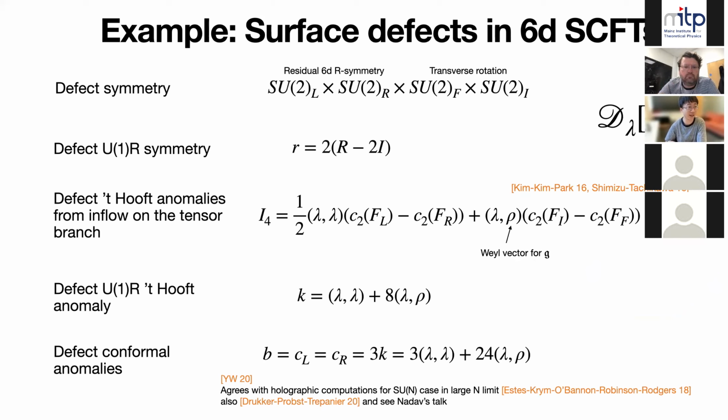Then from the anomaly relation, this immediately gives you the defect conformal anomalies for the most general half-BPS surface defects in any 2,0 theory of ADE type. In the particular case when the 2,0 theory is of A type, this agrees with the large N results extracted from holography, and also agrees with the free field results. And I think in some early paper of Nadav, and I suppose Nadav also touched upon this point in his talk.